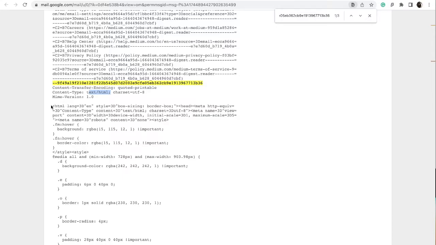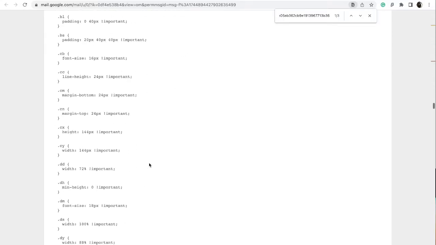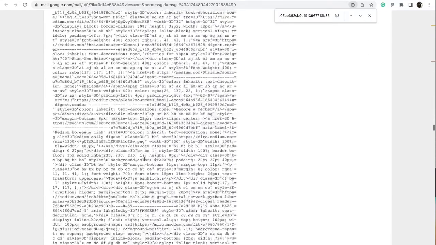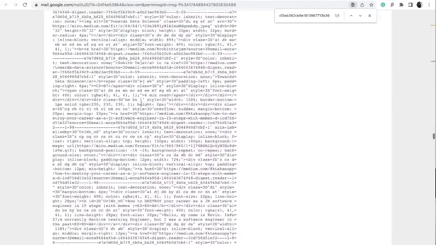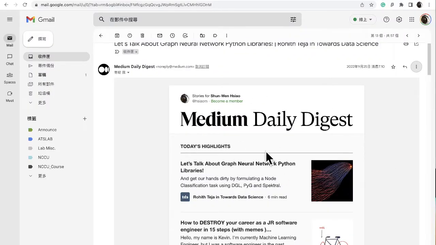So you can see that there's your HTML file right here. So the colors, the white space, the images, they will be written in HTML file, so that your browser can easily display those messages, because by nature browser can display HTML file.